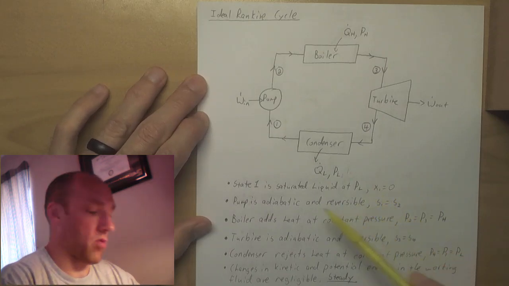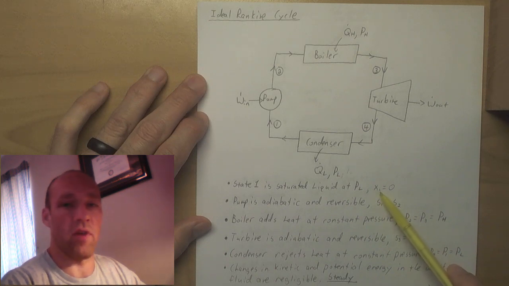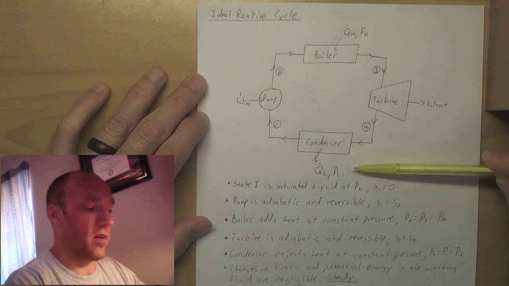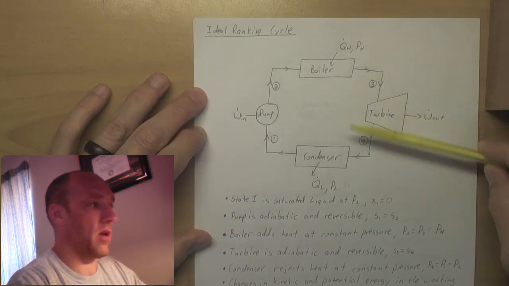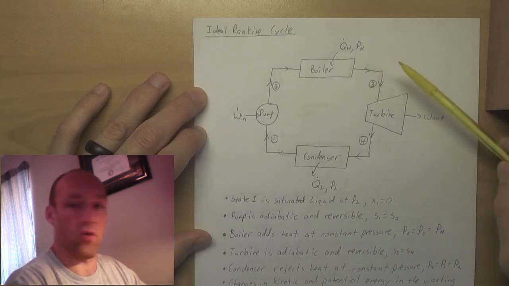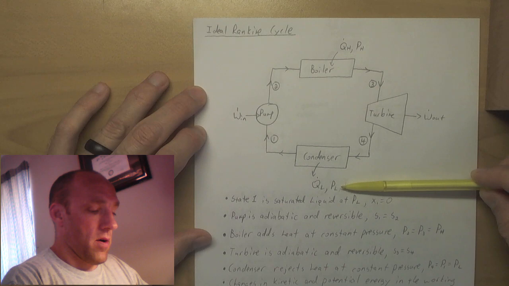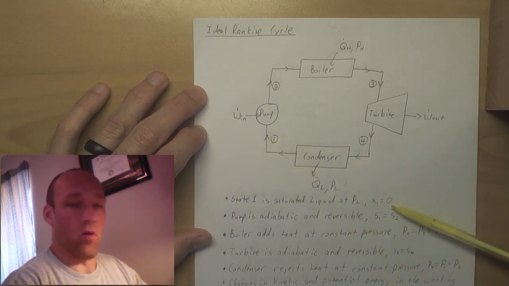If you see saturated liquid, you automatically understand that the quality is zero. The cycle operates between two pressures, a low pressure and a high pressure side. So state one is on the low pressure side and its quality is zero.